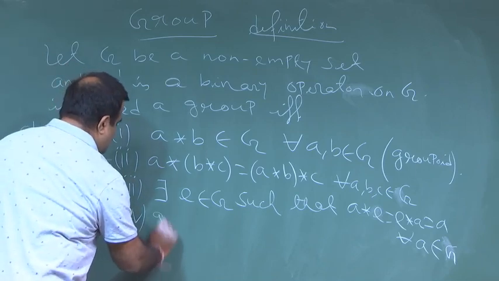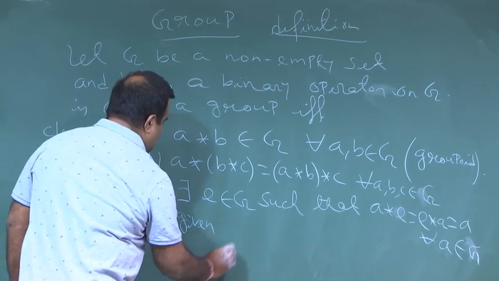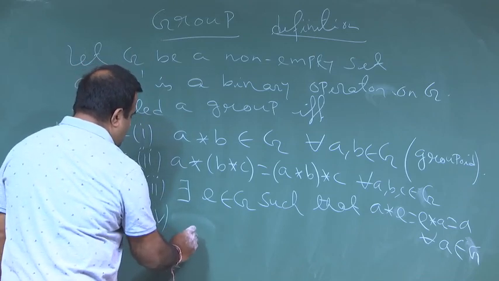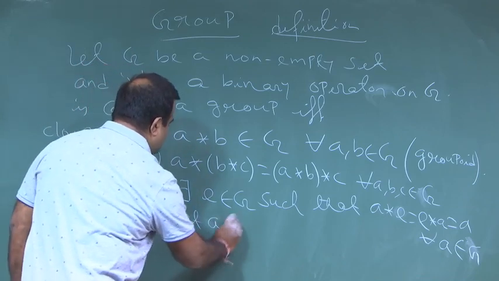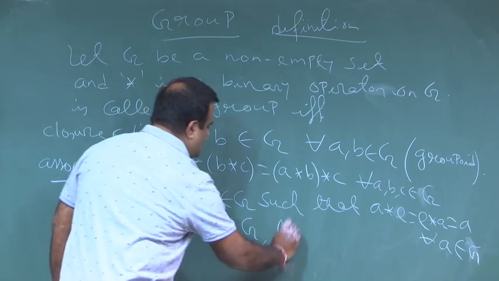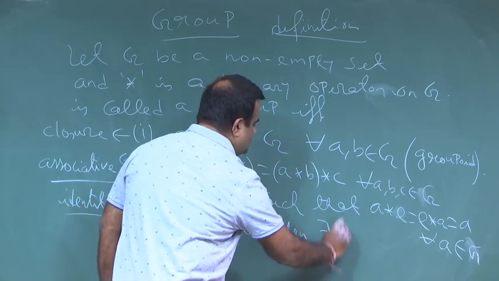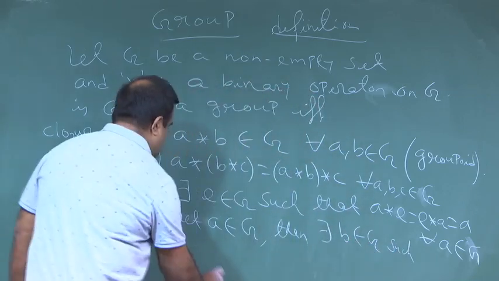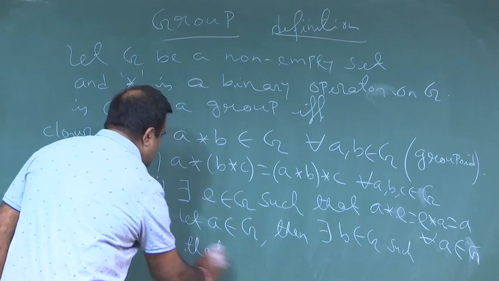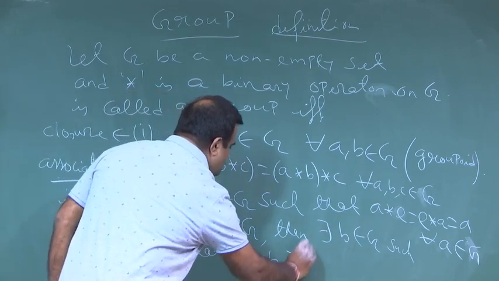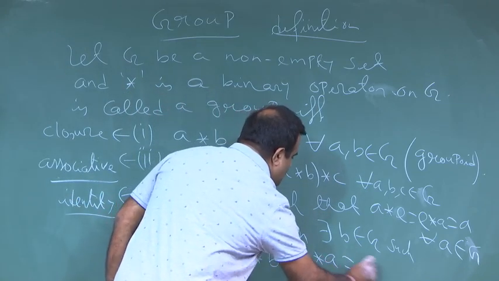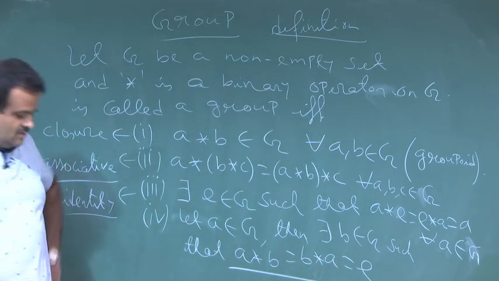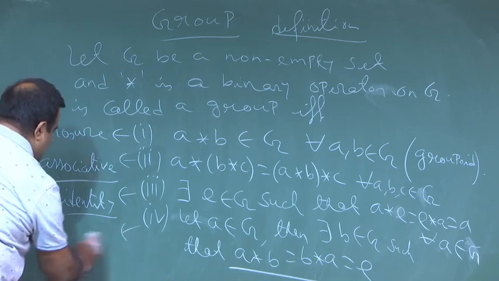So, given A belonging to G, there exists a B such that A star B is equal to B star A is equal to E. So, this is the existence of inverse.